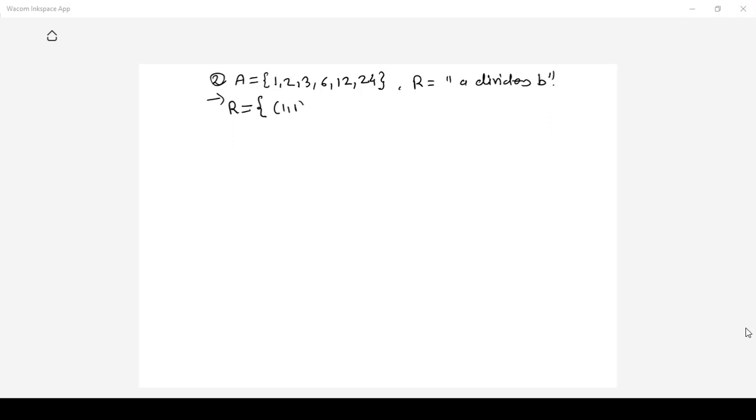Every element divides itself. So we have pairs 1 comma 1, 2 comma 2, 3 comma 3, 6 comma 6, 12 comma 12 and 24 comma 24.